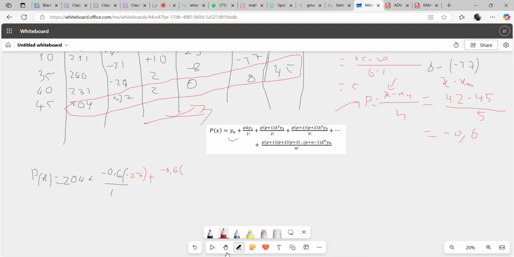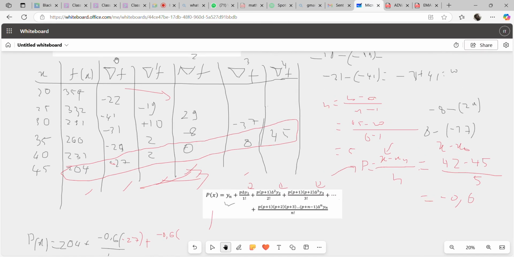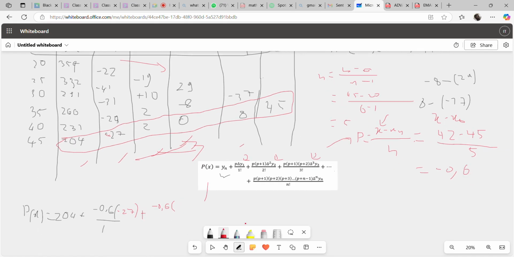I said, remember, according to the formula, these deltas that they are talking about are these deltas here. When I say delta 1, actually here it's supposed to be delta inverse like this because it is backward.